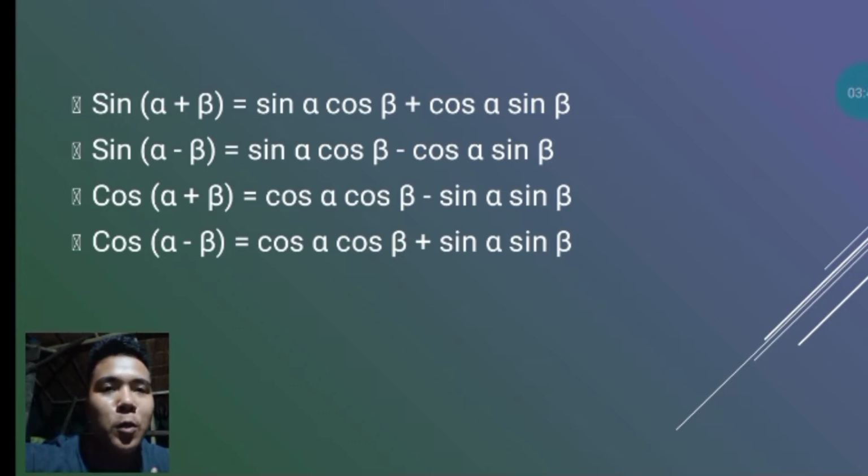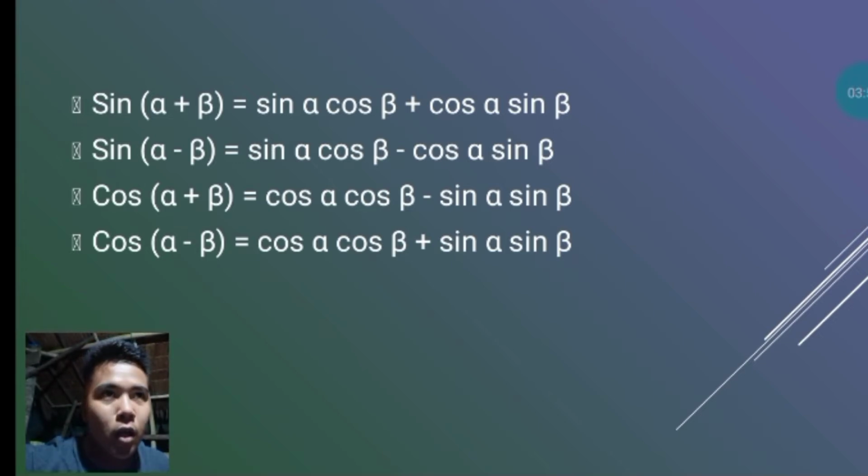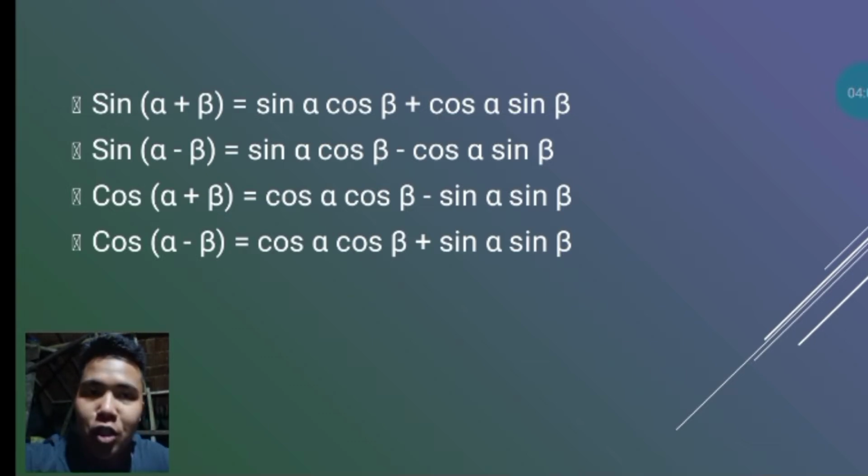For example, if you use sine A plus B, you multiply sine A times cos B, and then the operation would be addition. There is no change in the operation in sine: if it is addition, the operation in the next step would be addition, and if it is subtraction, it is subtraction.